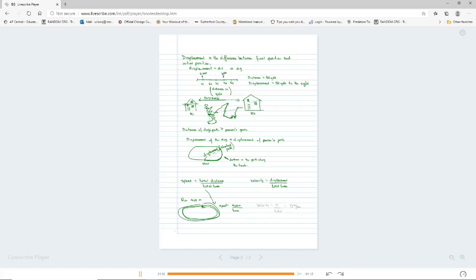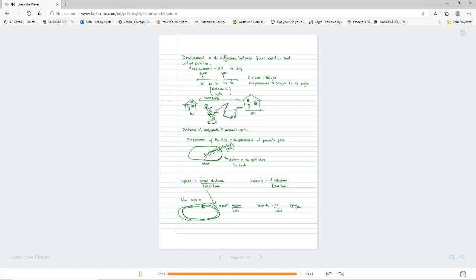But the velocity will be 0. And the reason the velocity will be 0, and it won't have a direction, is because you didn't move. So why would the velocity be 0? Well, if I start at this location and I run all the way around the track back to where I started, then my displacement is 0.